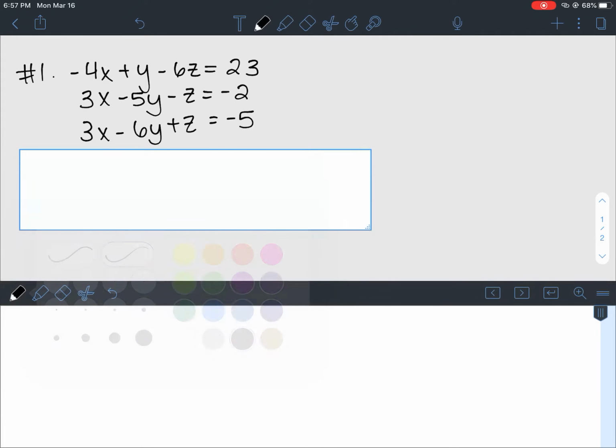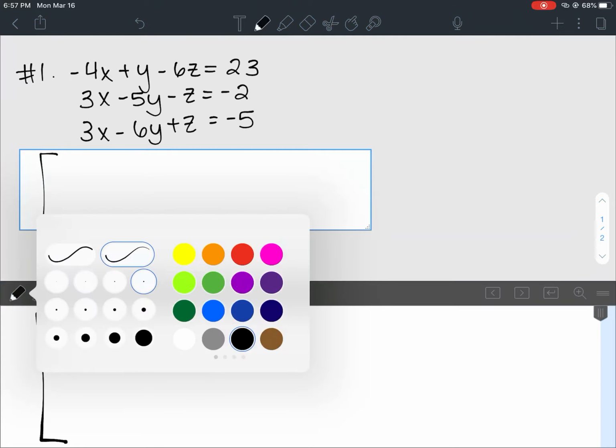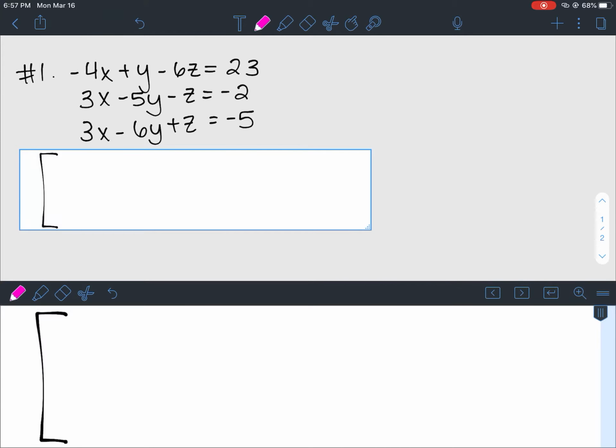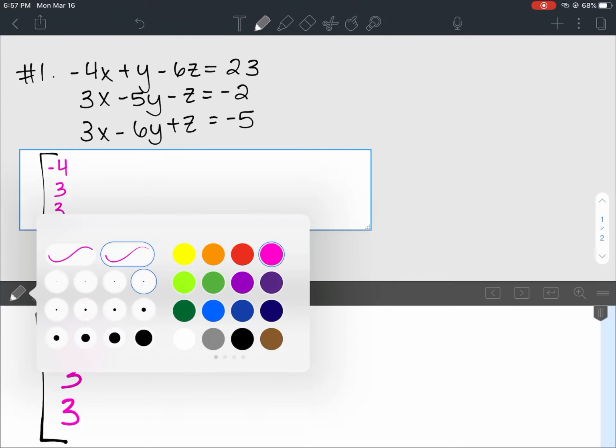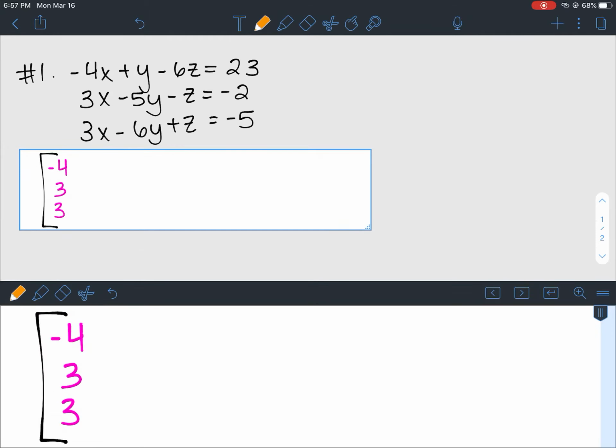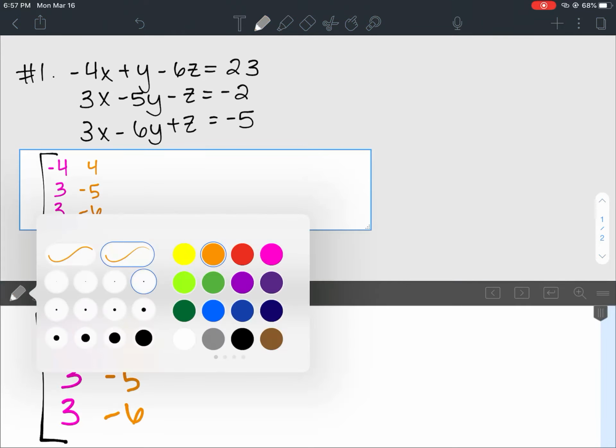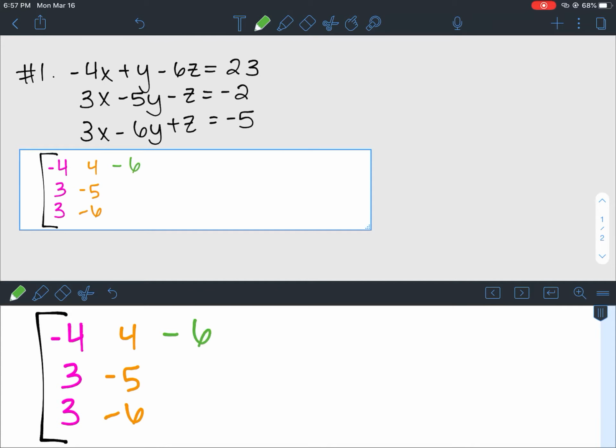You guys look like you did a really good job when you were creating your matrices to solve these problems. That was the good part that I was really happy about. But then it kind of went downhill from there. So we made our coefficient matrix from the coefficients in front of all of our different variables. That was negative 4, 3, 3, 4, negative 5, negative 6, and then negative 6, negative 1, and 1 for the coefficient matrix.